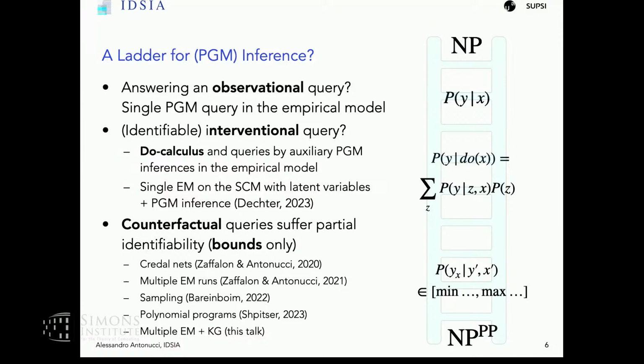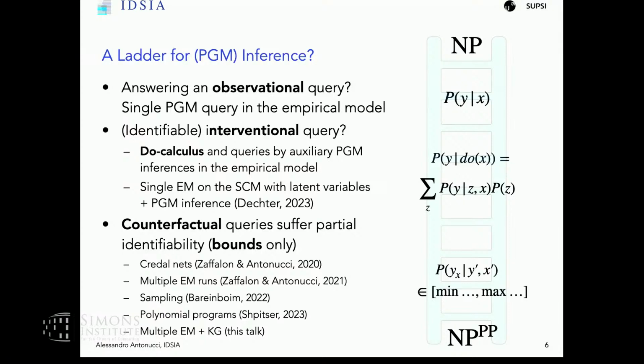Do-calculus, a graphical approach, is about that. Say that the query can be reduced to a number of observational queries. So you can do this kind of computation, and basically you can run multiple Bayesian network inferences and obtain the result of the intervention.